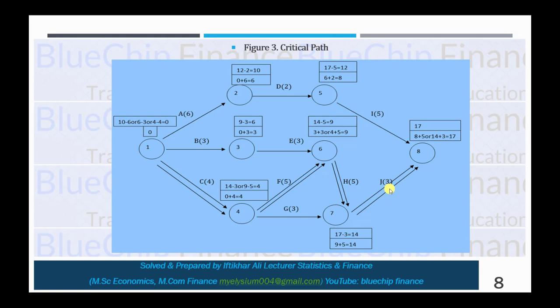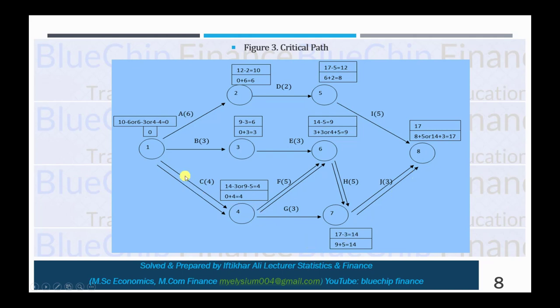So through this path you should consume a maximum of 14 weeks. Third possibility, if you follow this path, then 4 weeks plus 3 weeks, 4 plus 3, 7, and 7 plus 3, 10. So through this path you calculate 10 weeks. So 13, 14, and 10.